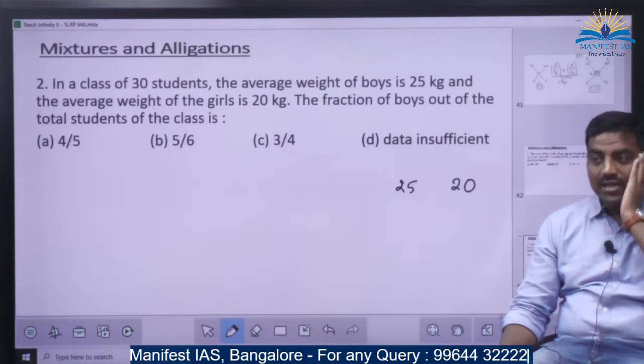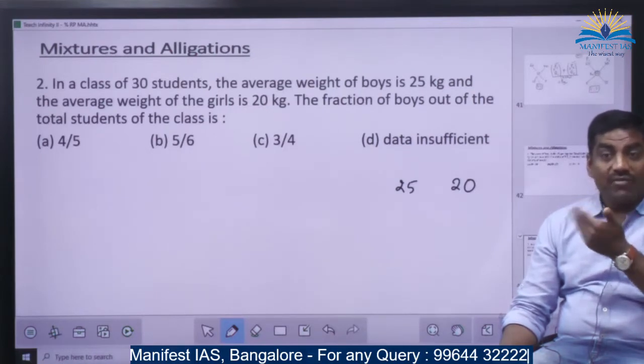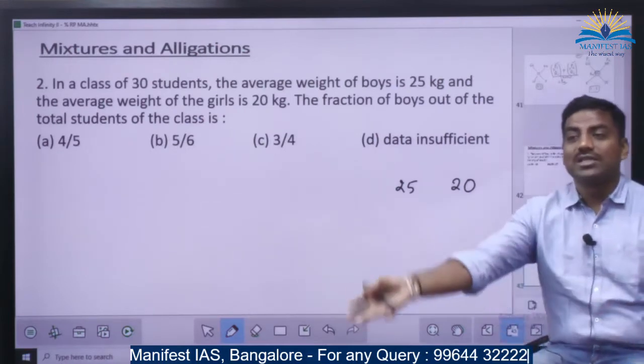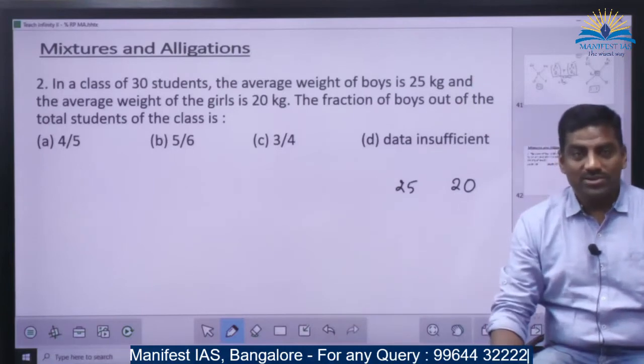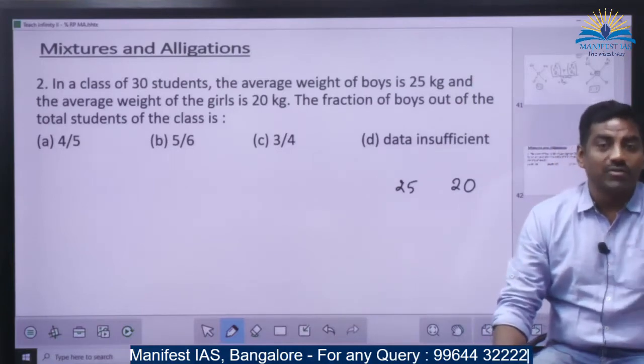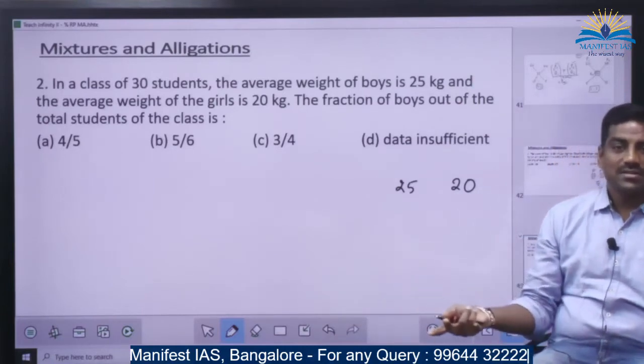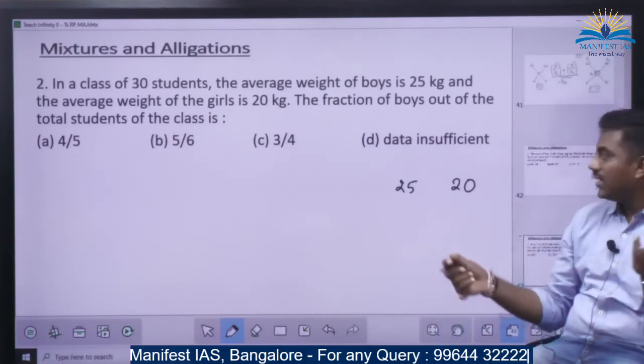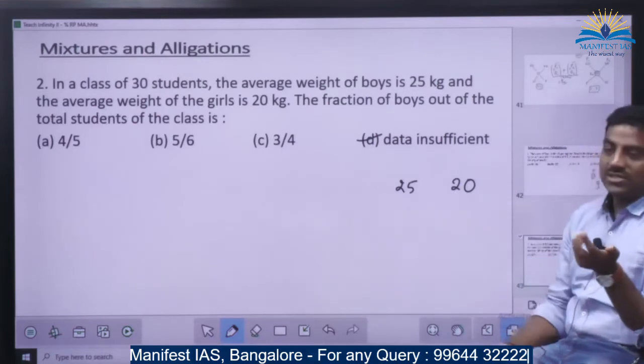At least it is asking, what is the average weight of the entire class? It is asking those questions, right? Just if you give, boys are 25 kg average, and girls are 20 kg average, you will not get anything. You can't calculate anything. So, data is insufficient.